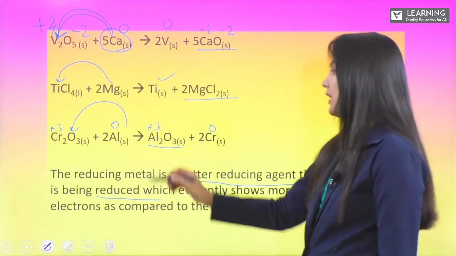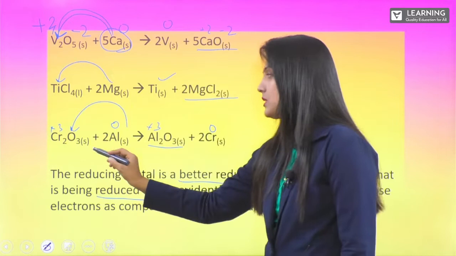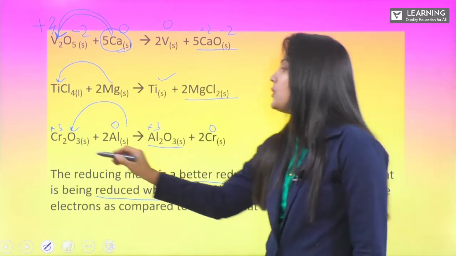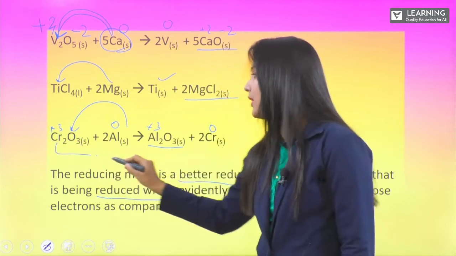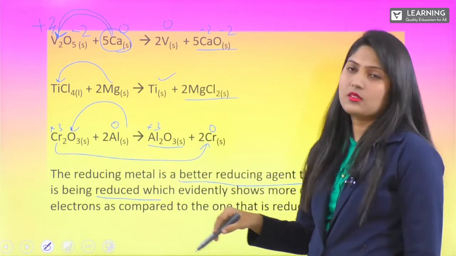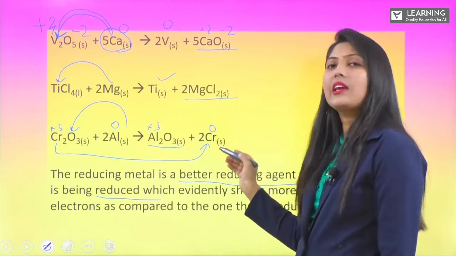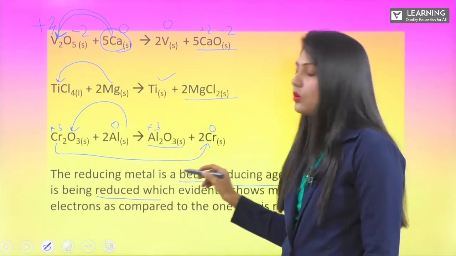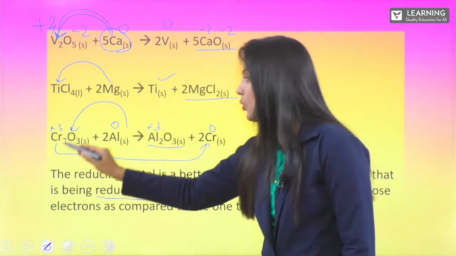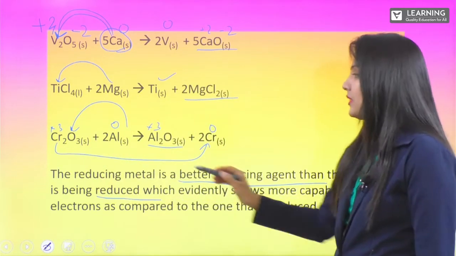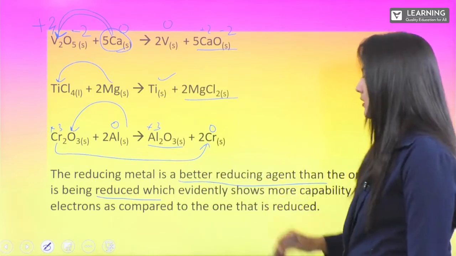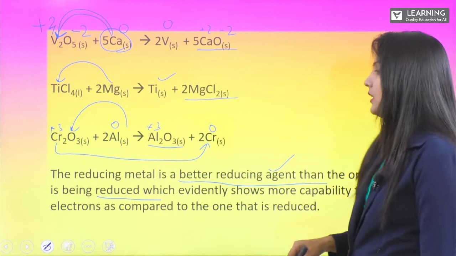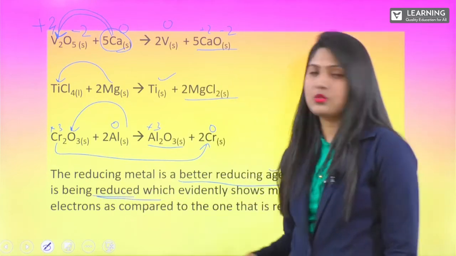If you see, chromium is being reduced to 0, right? So chromium is gaining the electron to become 0. So it is undergoing reduction. So chromium is reduced. The reducing metal is a better reducing agent than the one that is being reduced.